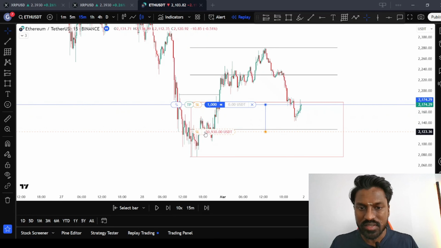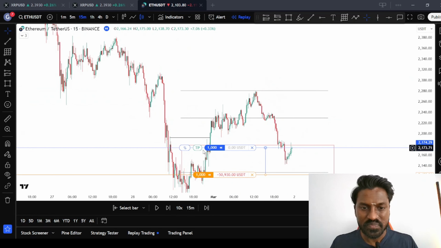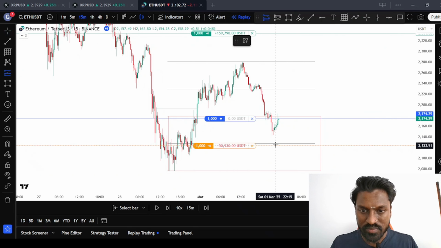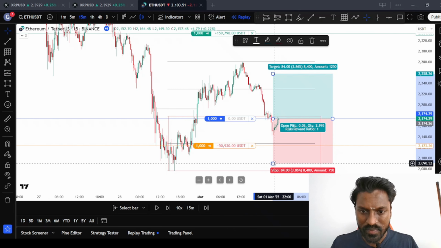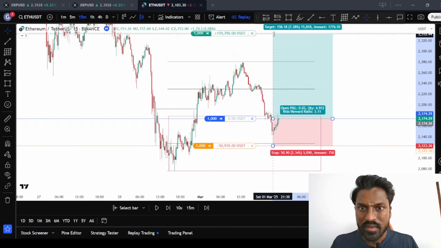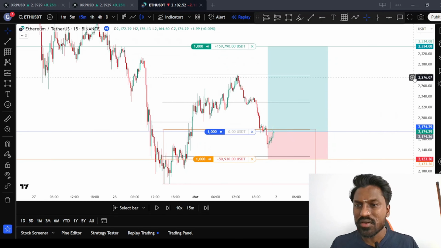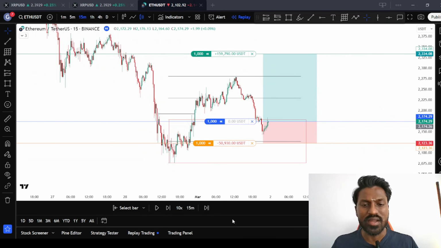Stops below. TP, let's put it 1 to 3. If you're not sure how to check that, very simple. 1 to 3. And then what do we do now? Just let the trade run.